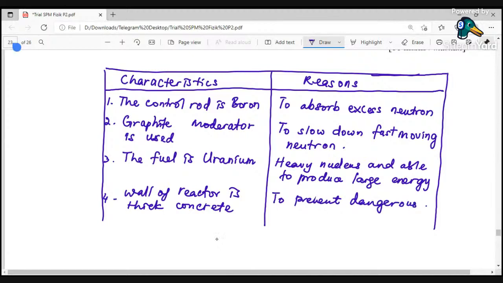As you know, for the process, the fuel sometimes decays at the same time and produces radiation like alpha, beta, and gamma, which is very dangerous. So we use thick concrete in order to prevent the dangerous radiation emitted to the surroundings.